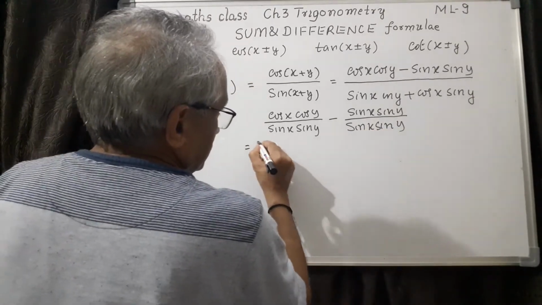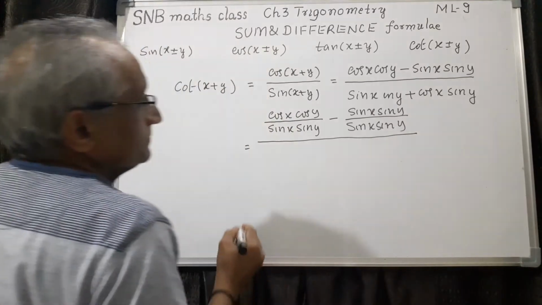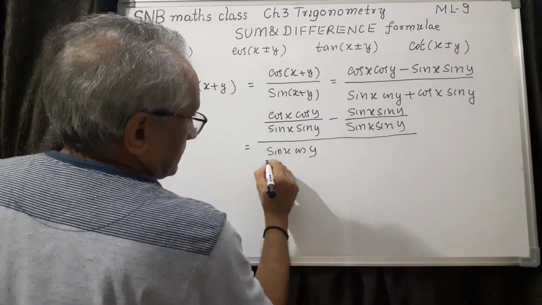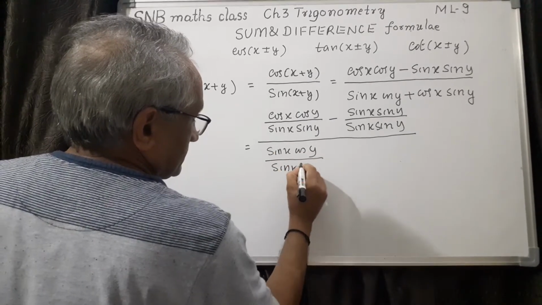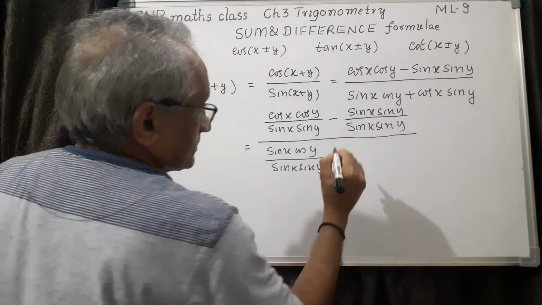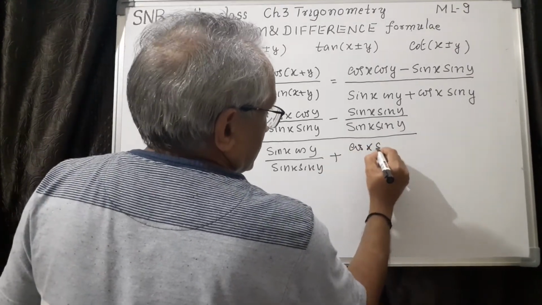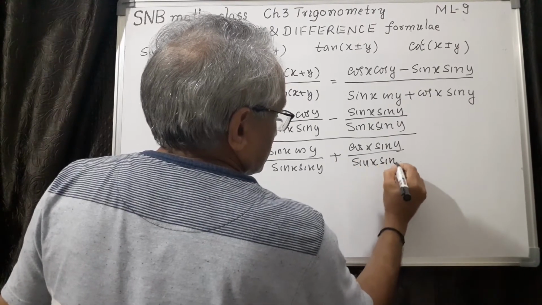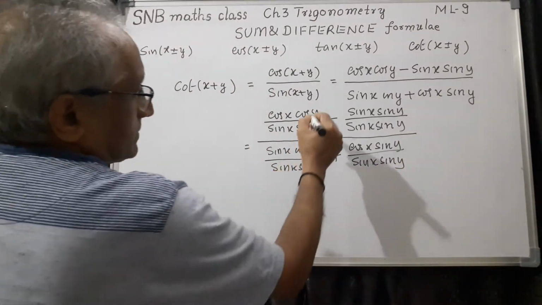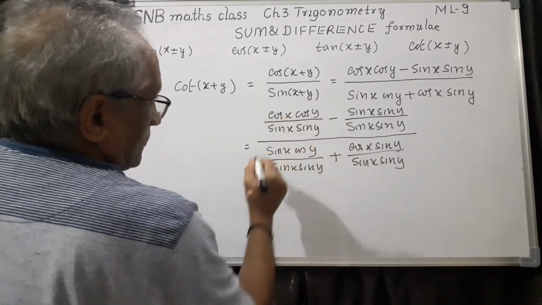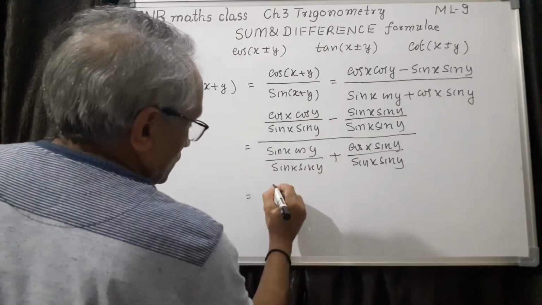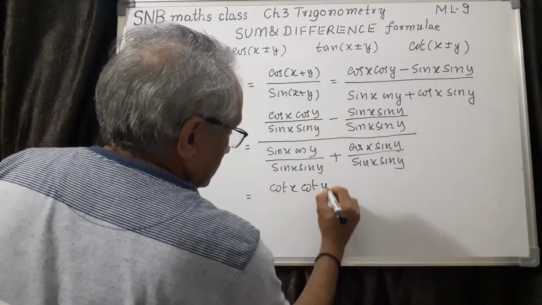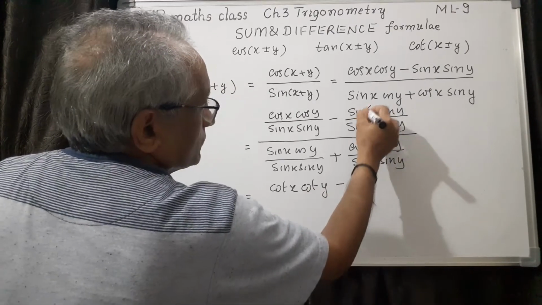So then divided by, here sin x cos y divided by sin x sin y plus cos x sin y divided by sin x sin y. So here cos x by sin x is cot x, then cos y by sin y is cot y, minus 1 because these two cancel.